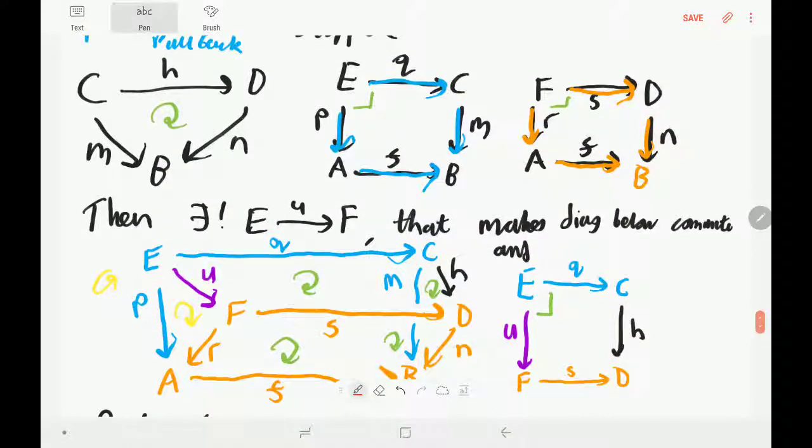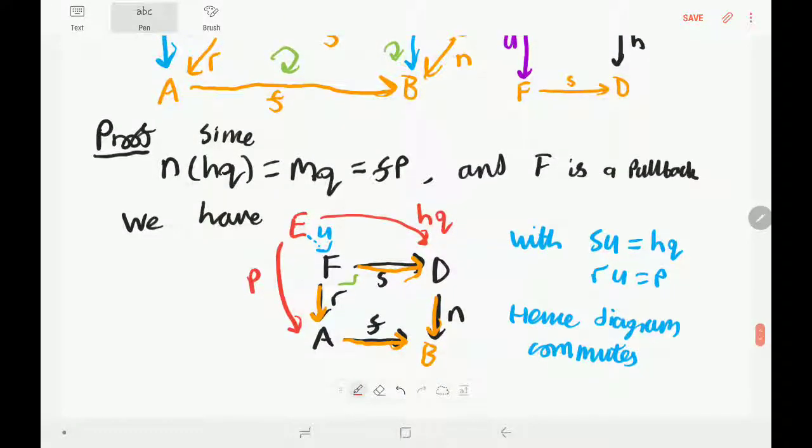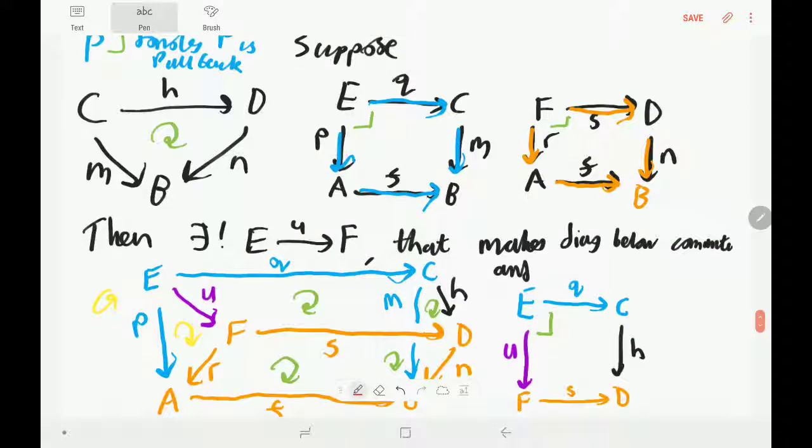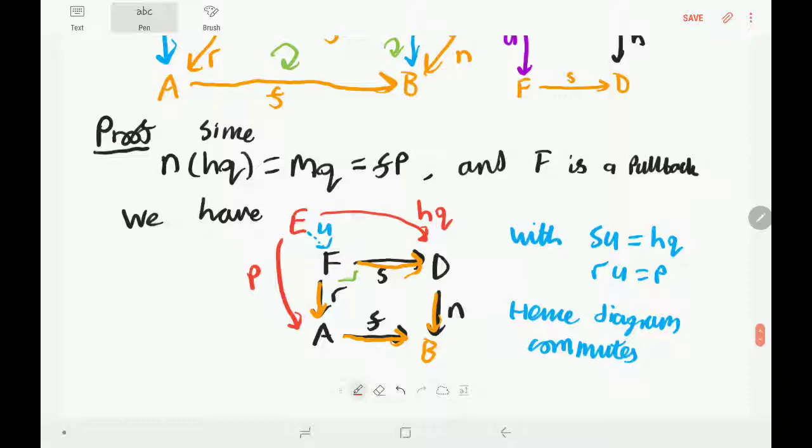Now we think of this as forming the arrows of a candidate for being a pullback of this right orange pullback square. So there's this object E, and it has these arrows HQ and P, and now we know FP equals NHQ.